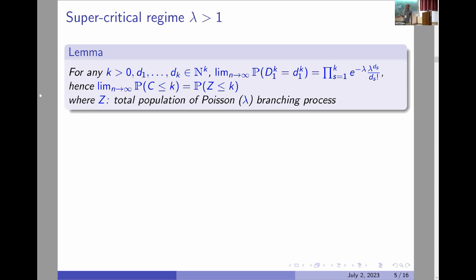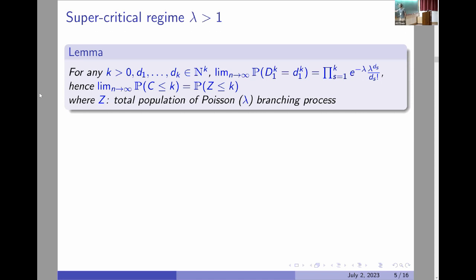And so you can take this exploration process I was describing, and you can notice that at step t, I had d_t, which was distributed like a binomial with parameters n minus 1 minus d_1 minus ... minus d_{t-1}, and then lambda over n.